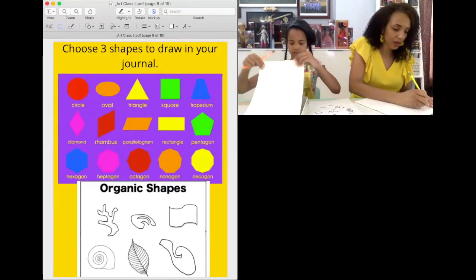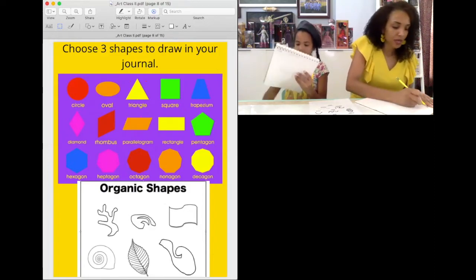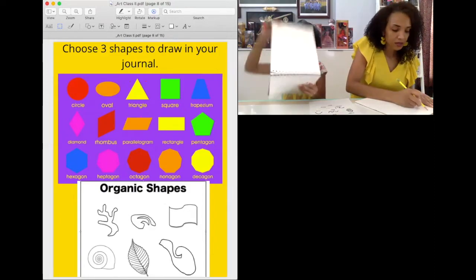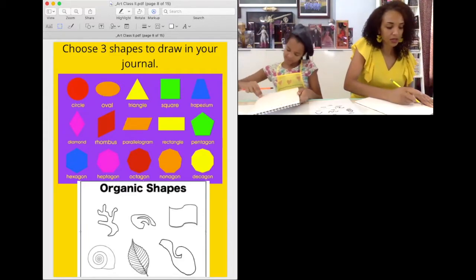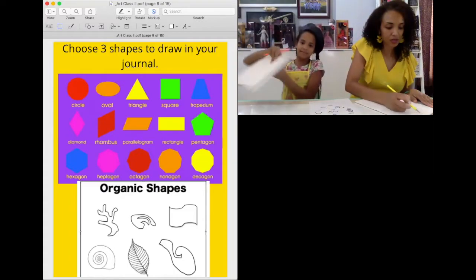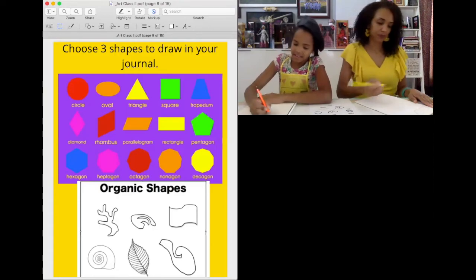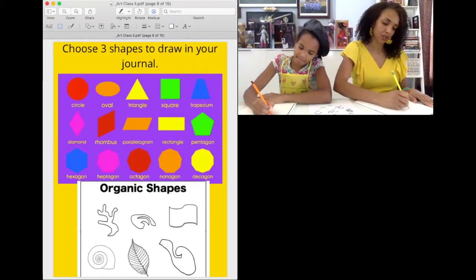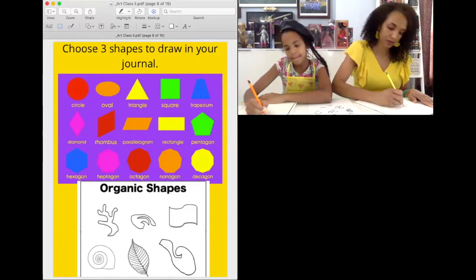So we can see what they are. On your paper, in your journal. Don't tell people. We'll wait to see. All right, those are the types of shapes here. Okay. I'm going to try to draw mine so that they kind of connect a little bit.